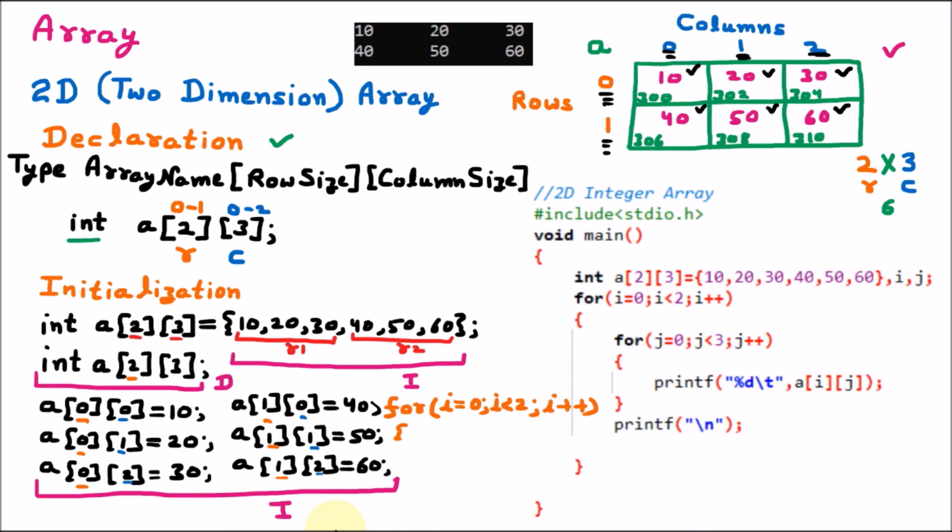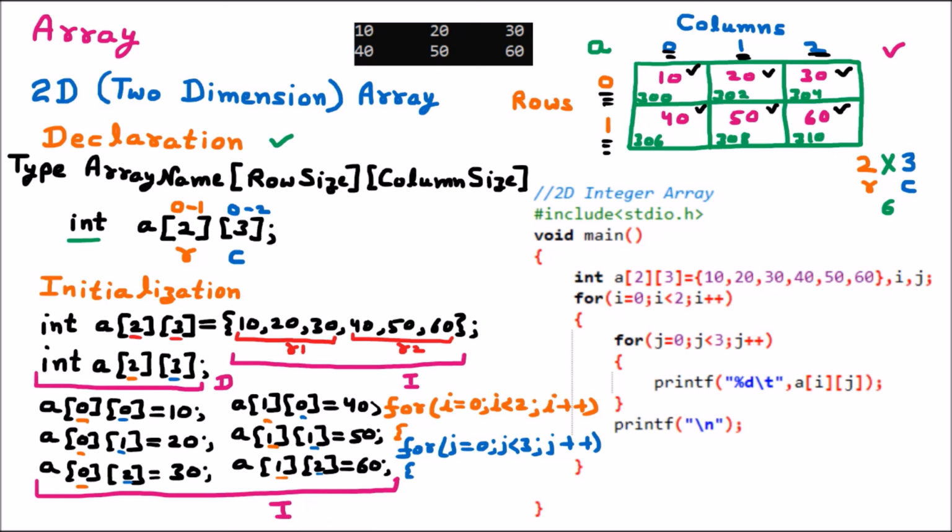So for that we are taking one more loop here. So we are saying, let's say for, and we are saying j is equal to 0 and j less than, we know that here the dimension is 3. So here j less than 3 we are providing, then j plus plus. So whenever we are having the 2-dimension array, the 2 loops are required. So this is the inner loop.